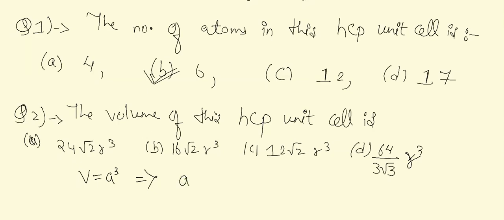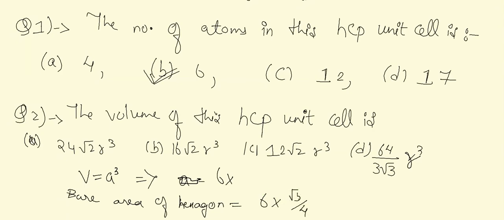As you know, the base area of the regular hexagon, the base area of hexagon, will become 6 into under root 3 by 4 a square. Okay, this is the base area.